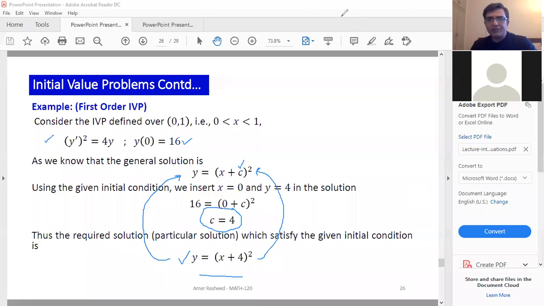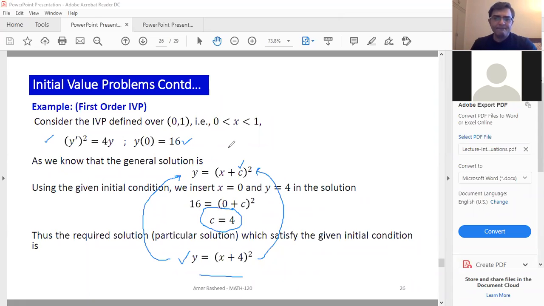Yes, there is a question in the chat window. Which one? What we have, -4. Yes, you can have -4, but in that case you can have two solutions.